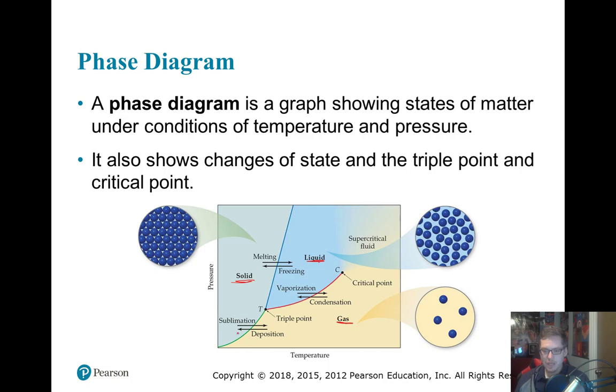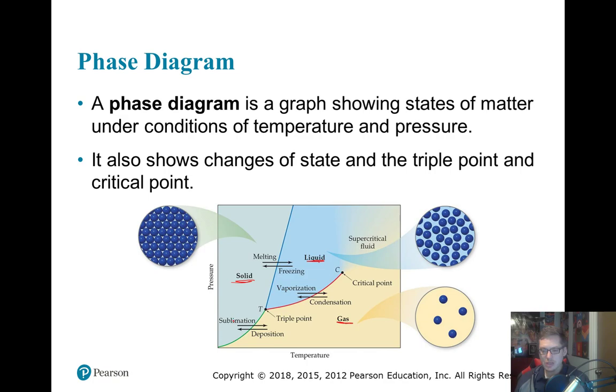They're both happening at the same rate, right? But if we're off this line, that doesn't mean nothing's happening, it's still sublimating and depositing, but deposition happens much more quickly. So most of our molecule will be in the solid state. If we know pressure and temperature, we can easily tell what state of matter would be most abundant.